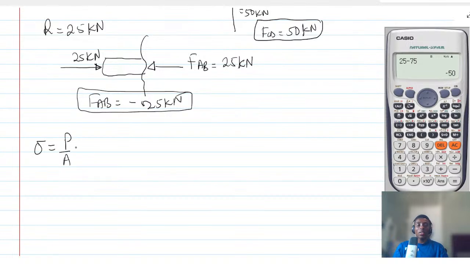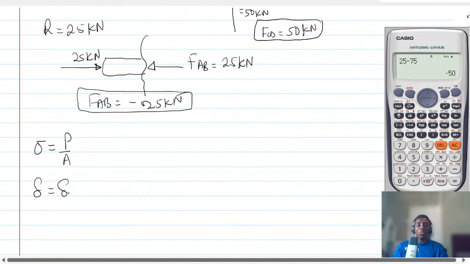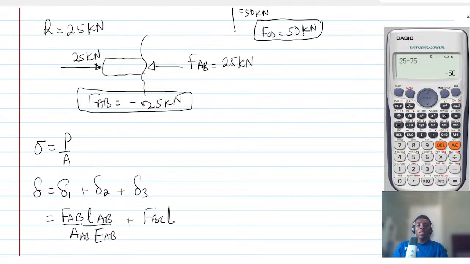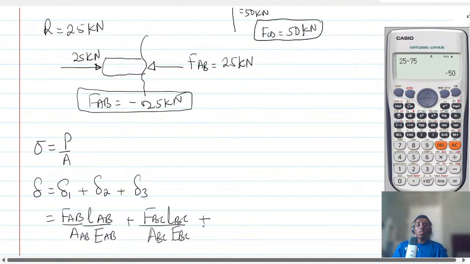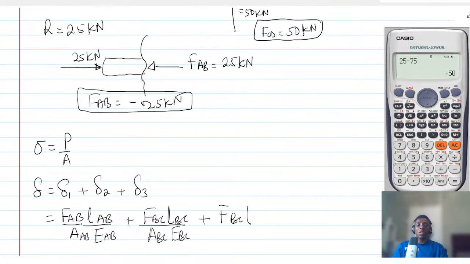If you were asked to find the total deflection, it will be the deflection in area 1 plus the deflection in area 2 plus the deflection in area 3, which will be FAB multiplied by LAB divided by the area AB and the Young's modulus of AB, then plus the force in BC, the length in BC divided by the area BC and Young's modulus of BC, and then the third one, the force in CD, the length in CD divided by the area CD multiplied by E, the Young's modulus of CD.